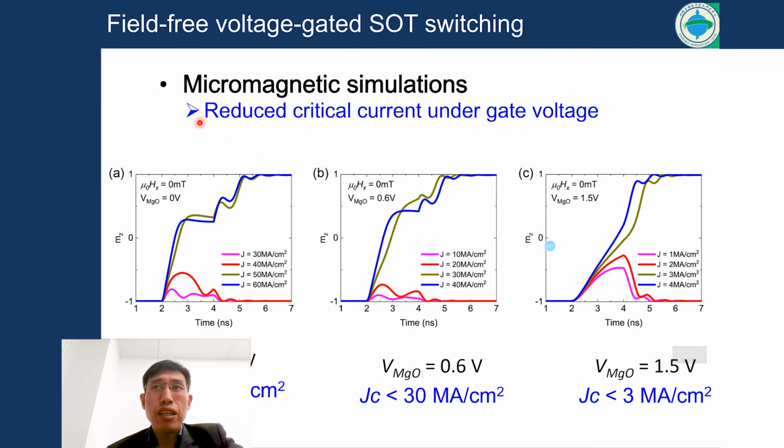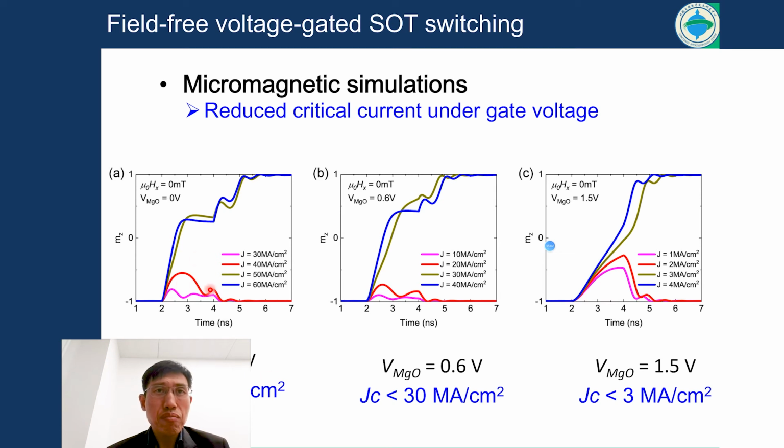After that, we first calculate this combination with magnetic simulation. You can see that when we use 0.6 volt, the critical current density can be reduced to 30 milliampere per centimeter square.